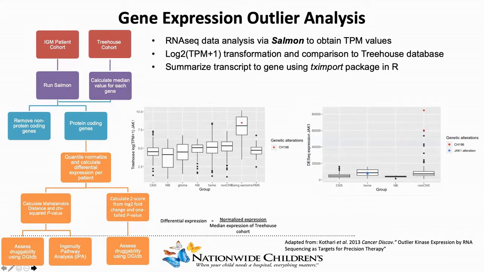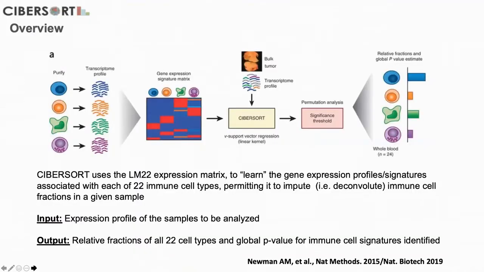So this just gives you an idea of how we can evaluate what we think is overexpression in a contextualized way using the Treehouse or our own cohort. And then in many cases, passing these results forward, for example, to an immunohistochemistry pathology-based stain to truly validate them so that they can be written into the patient's medical record.